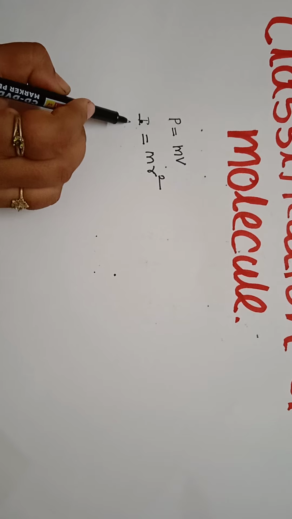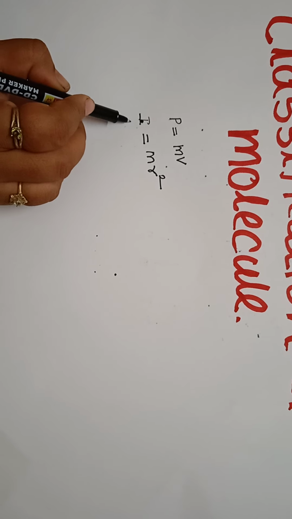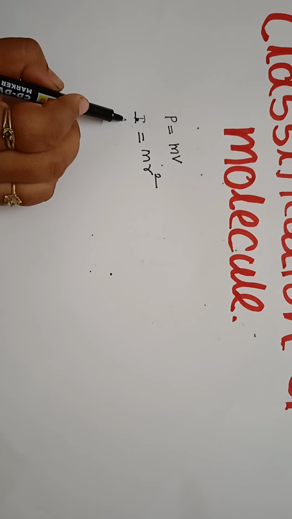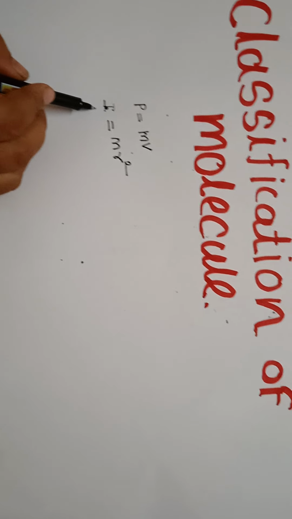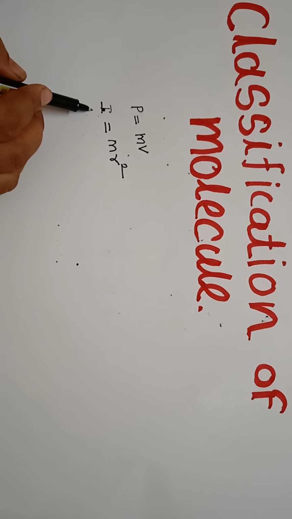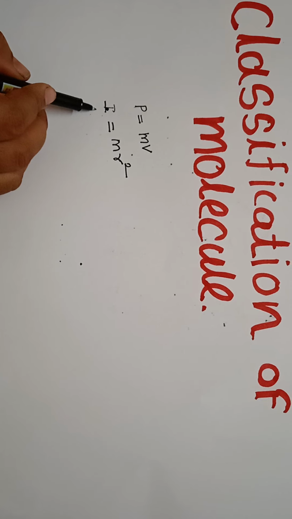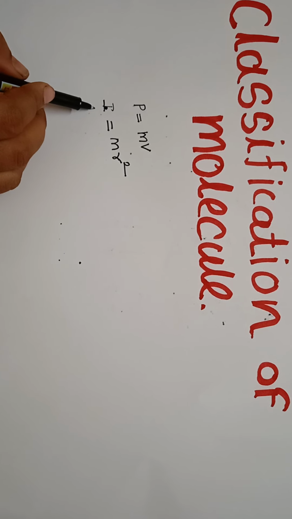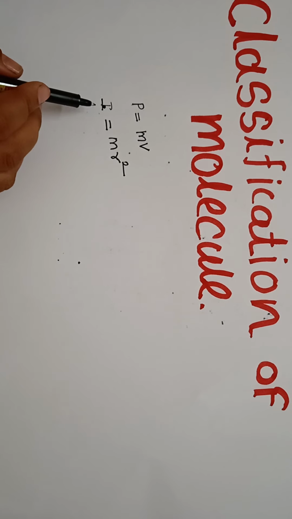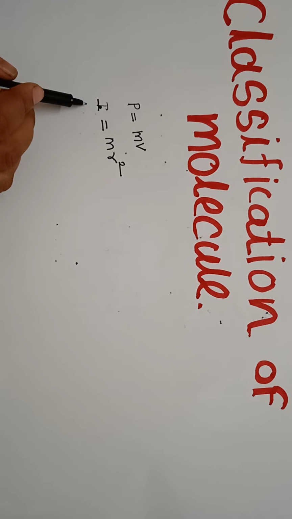I is the moment of inertia, a quantity expressing a body's tendency to resist angular acceleration. It is also called the amount of torque required to rotate a body or accelerate the motion.